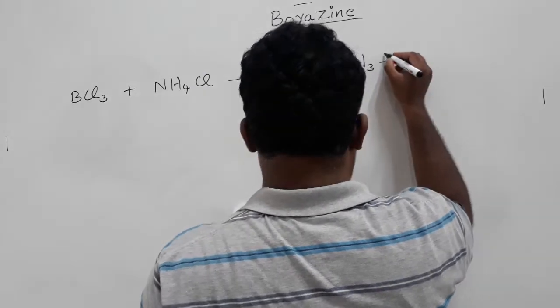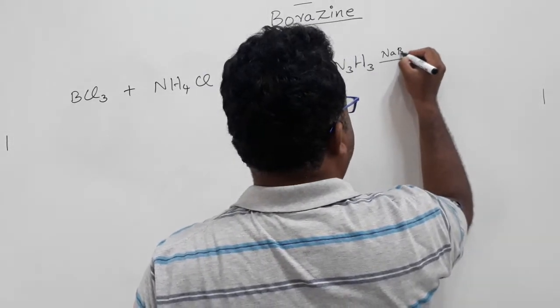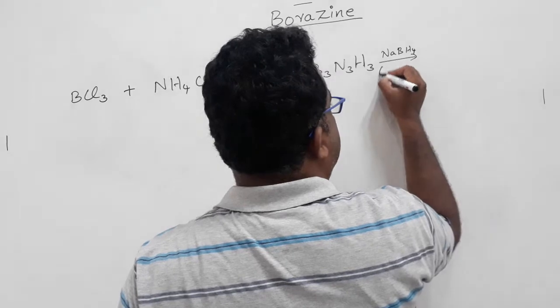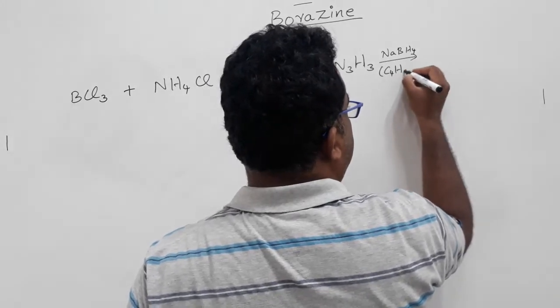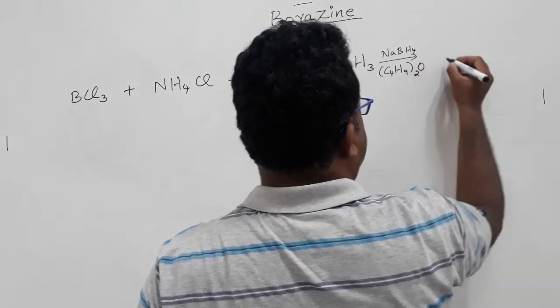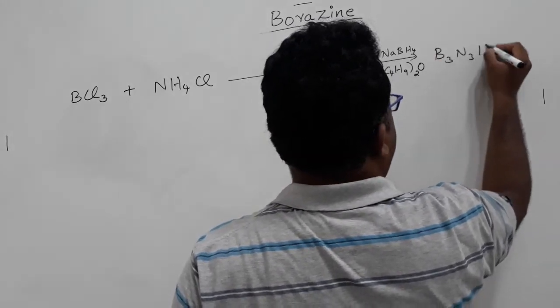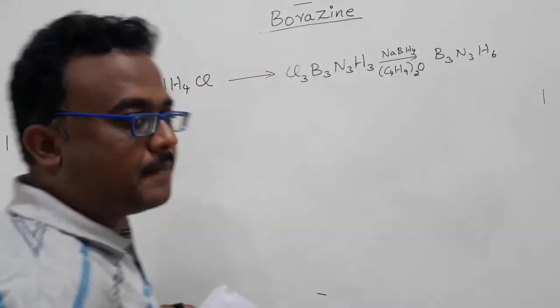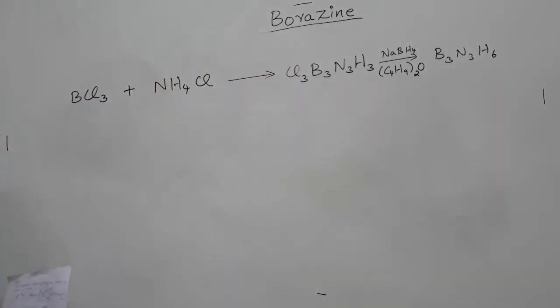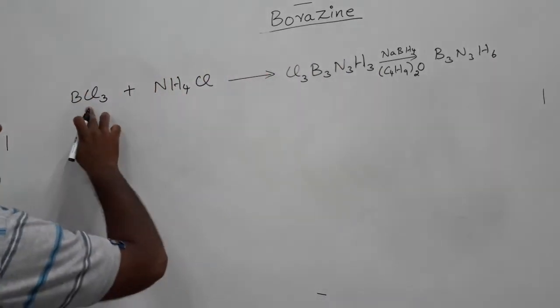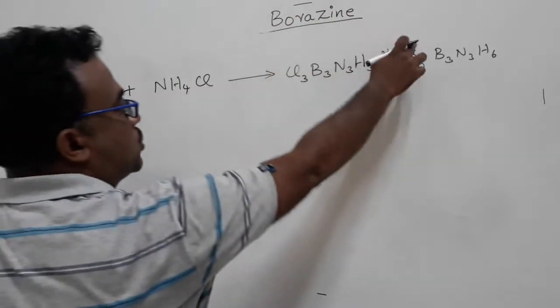If you react it further with sodium borohydride in the presence of diethyl ether, you can get borazine. This is one of the ways to synthesize borazine. You also have another way. Instead of using boron trichloride, you can directly use sodium borohydride.